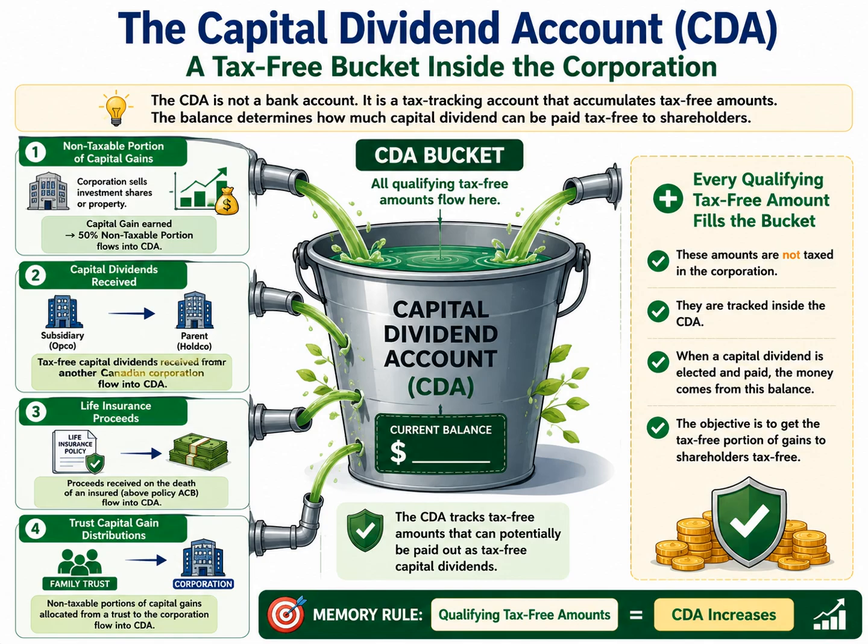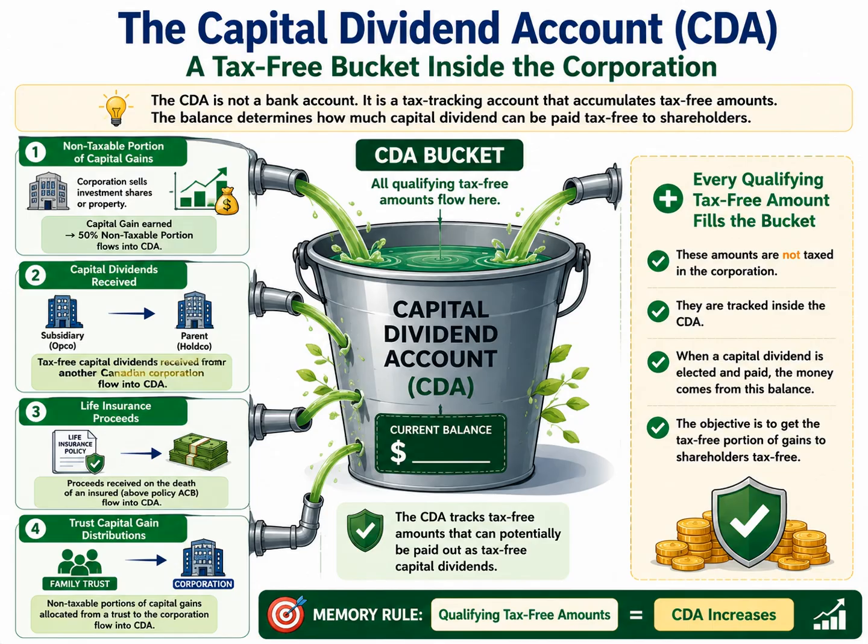When a corporation receives a capital dividend from a subsidiary or another Canadian corporation, that tax-free amount generally flows into its own CDA. The CDA can also increase when a corporation receives life insurance proceeds. In many situations, the death benefit received, net of certain adjustments, creates a significant addition to the CDA.